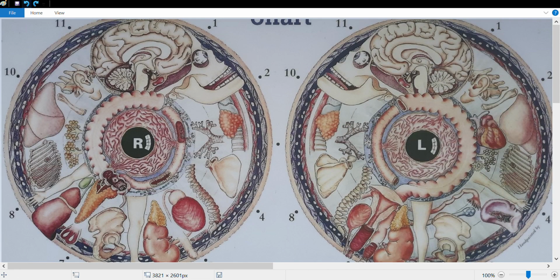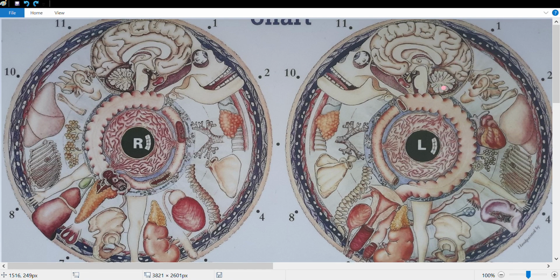Okay, so this first chart is a really excellent visual representation of how the anatomy and physiology of the body is laid out in the iris. So again, up at the top of the iris, we have the whole entire head and brain area.